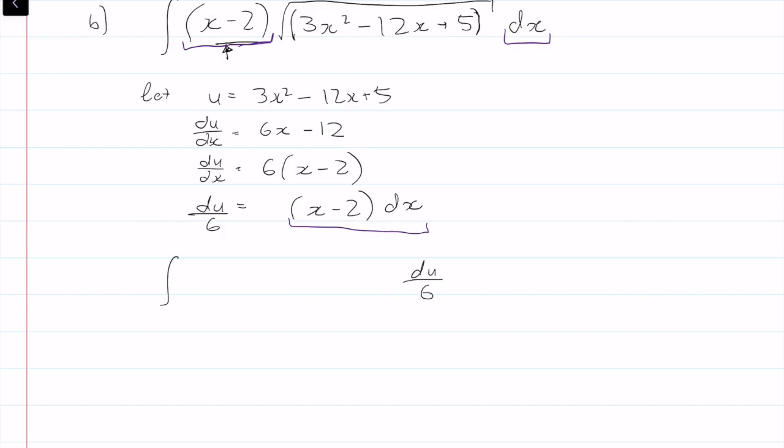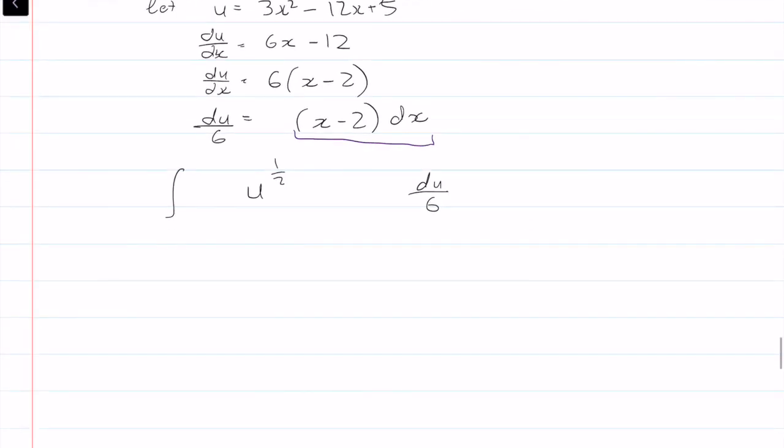Then we're left with the square root, and everything under it is just equal to u, so that's going to be u to the power of a half. So what we're left with is u^(1/2) times du over 6, which we can simplify as 1/6 times the integral of u^(1/2) du.